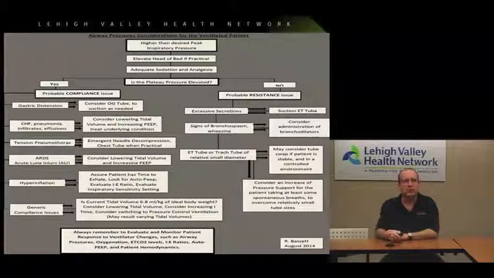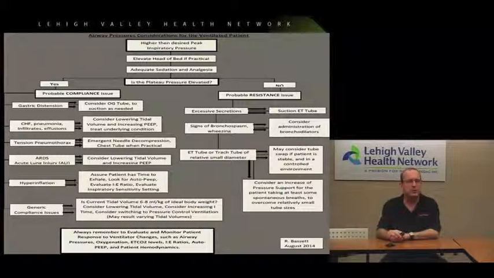Maybe your ET tube or your trach tube is relatively small diameter. Maybe there's only a 6.0 endotracheal tube in a standard adult patient. Well, of course, there's going to be a difference between your plateau pressures and your peak inspiratory pressures. And that's something we're probably not going to correct in our environment, but just something to be aware of.